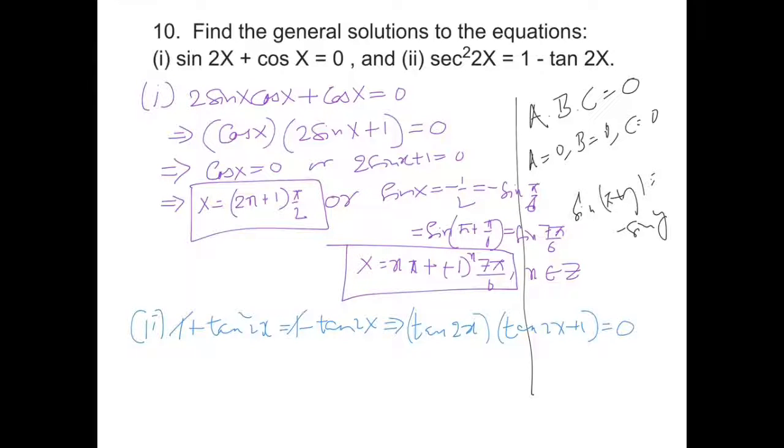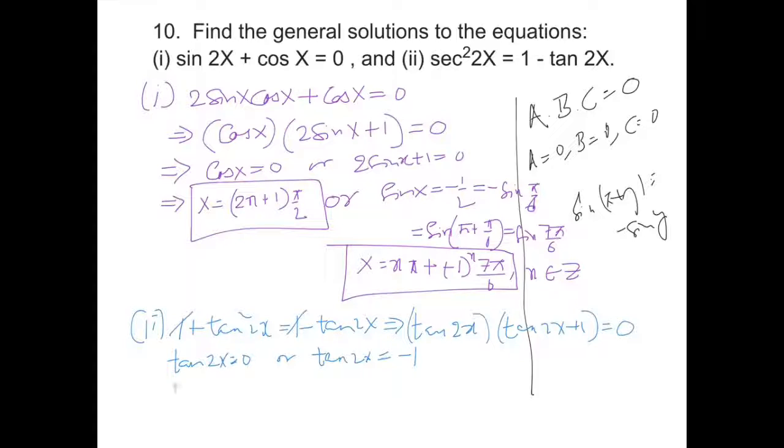Now this implies that either tan 2x equals 0 or tan 2x equals minus 1. And the solution for tan 2x equals 0 is the same as the solution for sin 2x equals 0, because tan 2x is sin 2x by cos 2x. And at the same time, cos 2x cannot be equal to 0 because tan 2x has to be defined.